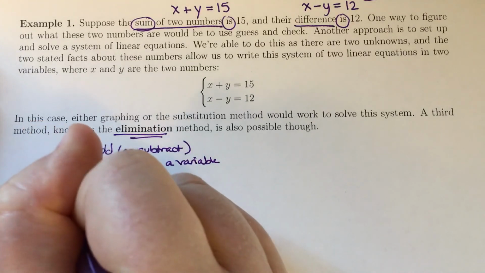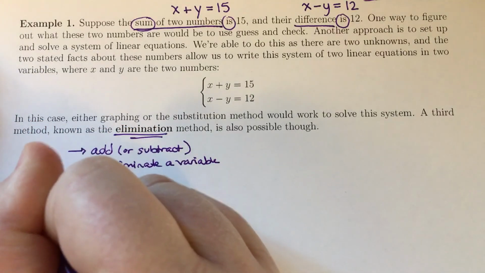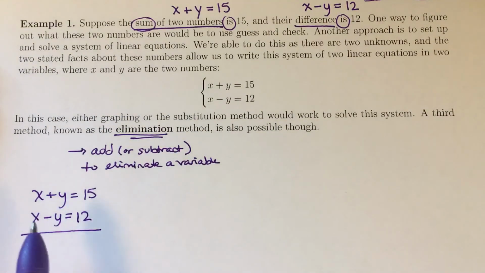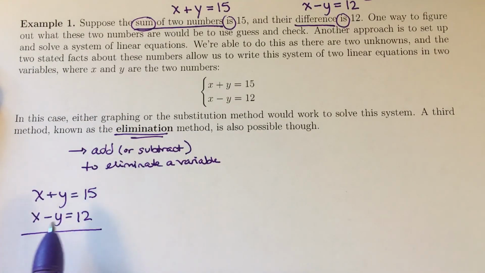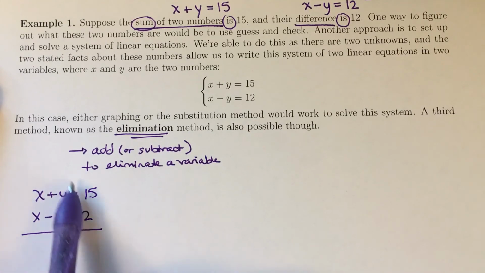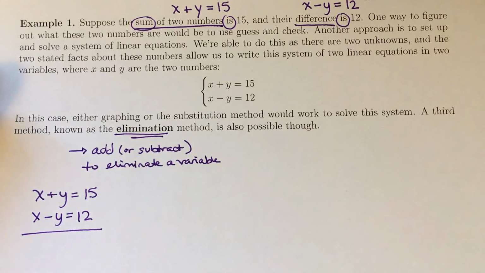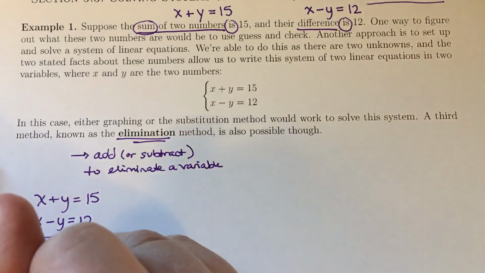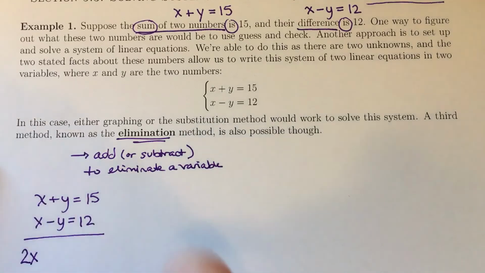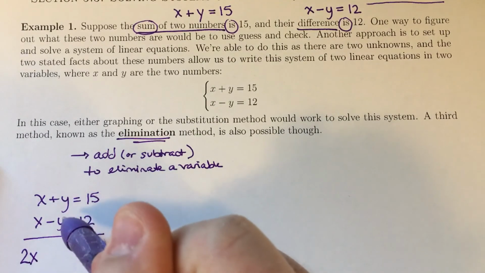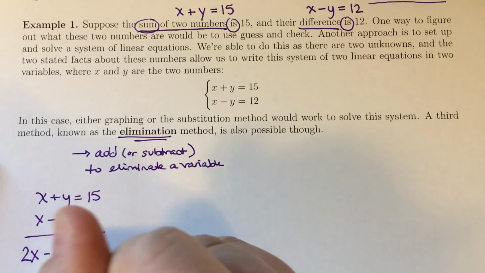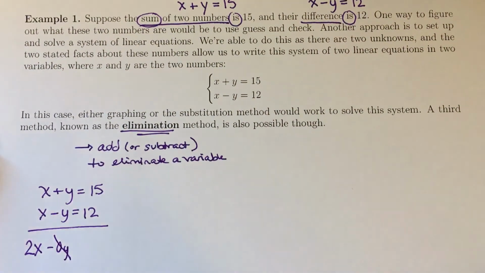I have x plus y equals 15, x minus y equals 12. So instead of solving for one variable and plugging it in, that would be substitution, I'm going to add these equations together. By adding them together, x plus x makes 2x, but y plus a negative y makes a 0y. In other words, it goes away.